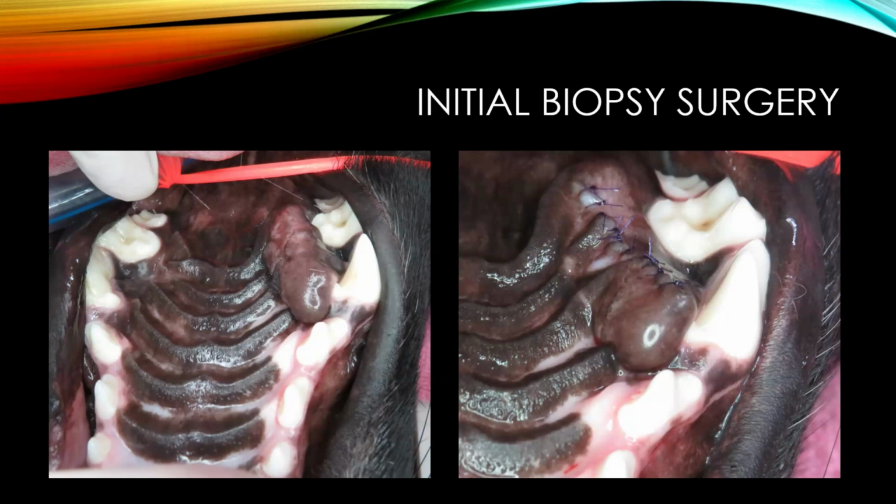That would be an easy mistake to make, especially if you didn't have a cone beam CT, especially if you weren't doing dental radiographs and didn't see that there were some invasive bony changes. But fortunately, with cone beam CT, it's pretty hard to miss the bony changes. I think with X-rays, it would have been easy to miss.